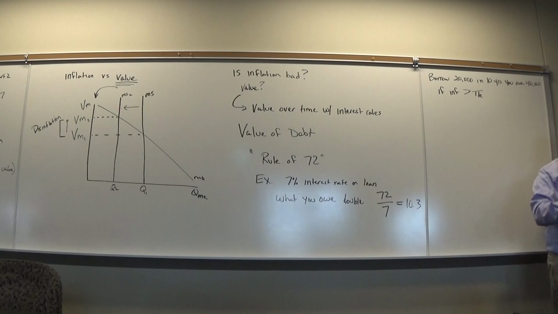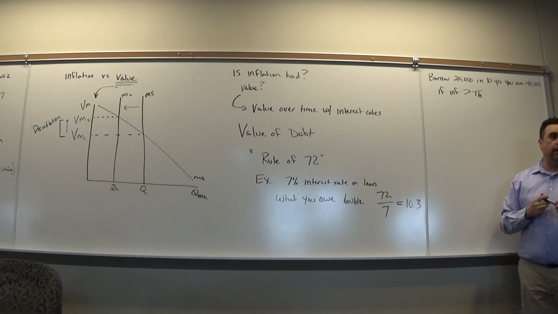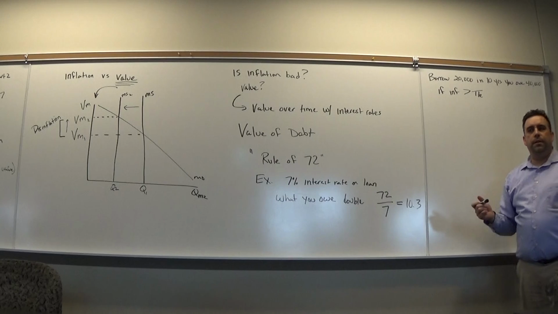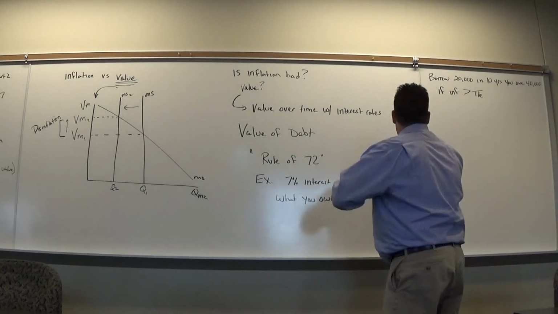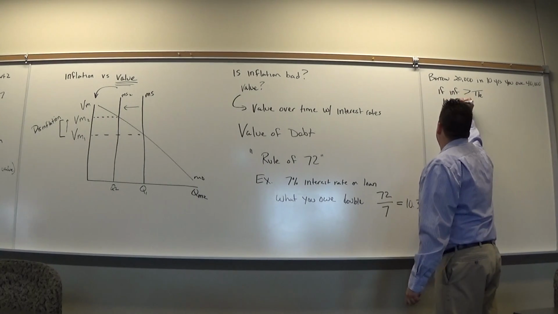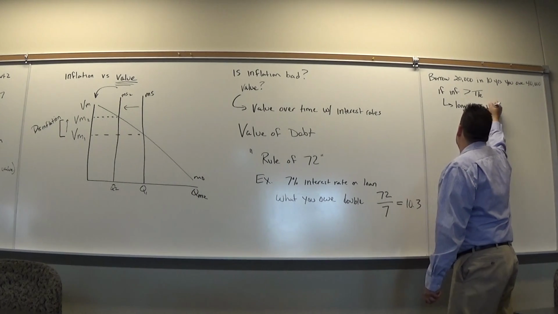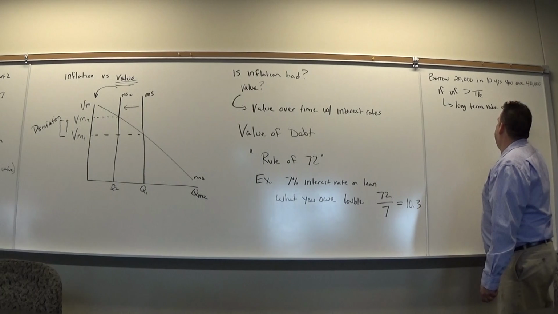And again, we know that because that was in our formula from last class: N is equal to R plus pi. So what if they're not right? What if the inflation rate is greater than the expected inflation rate? Well, if this is the case, the long-term value of money falls.